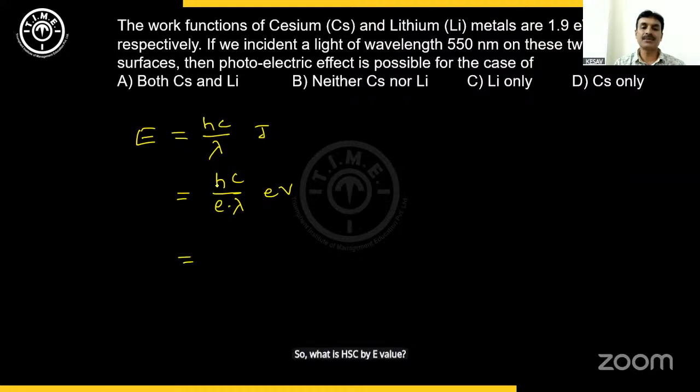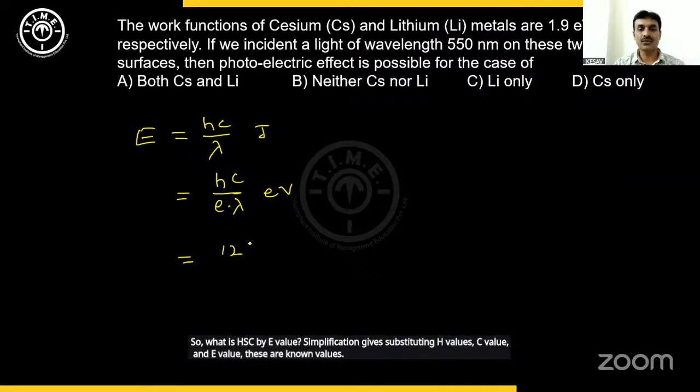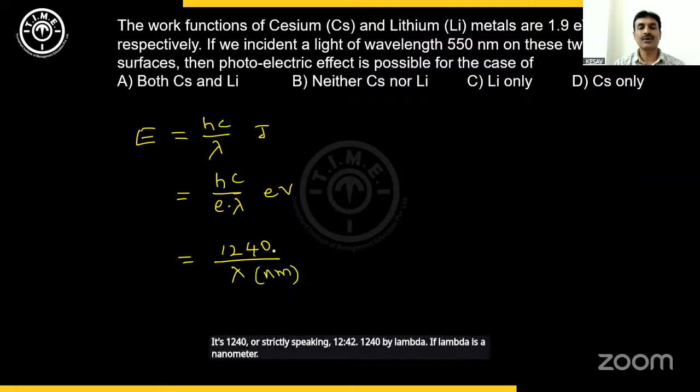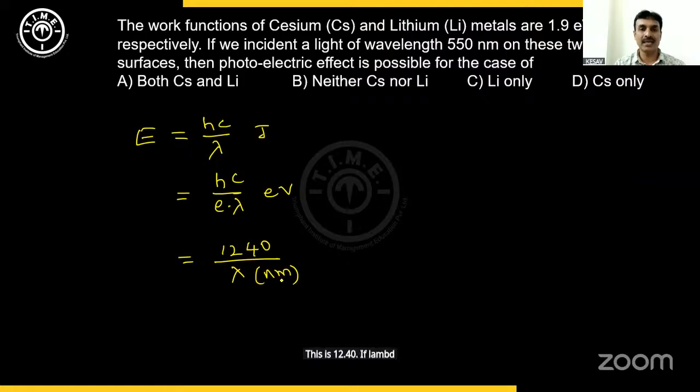Substituting h value, c value and e value, these are known values. It's 1240, or strictly speaking 1242. 1240 by lambda, if lambda is in nanometer. If lambda is in angstrom unit, you will get 12,400. Now this energy is in electron volt.